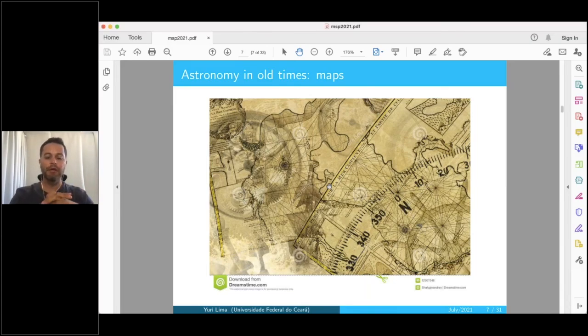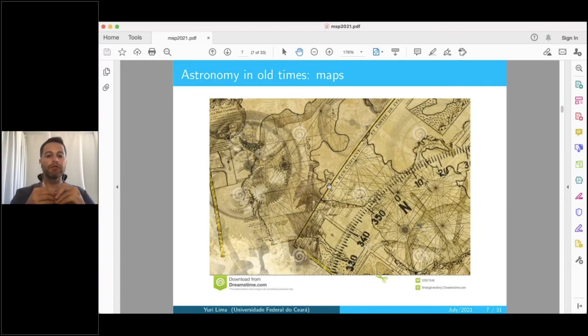Okay, so because of all these questions, which were important for the societies in which they were asked, and are somehow important to us up to nowadays, you could try to understand how to better predict the movement of the planets.